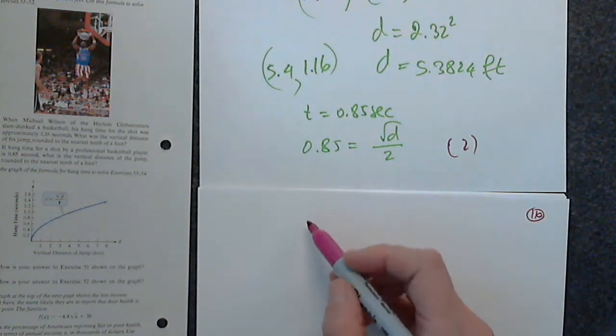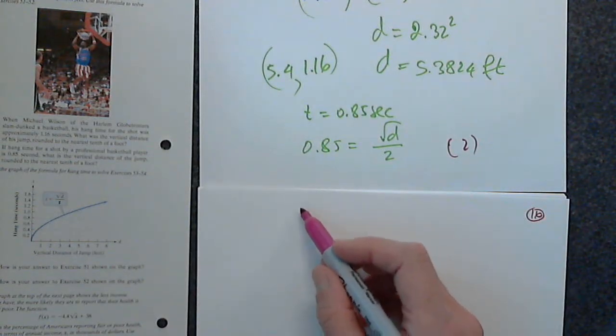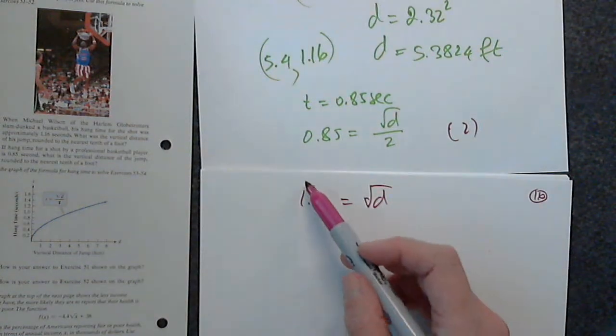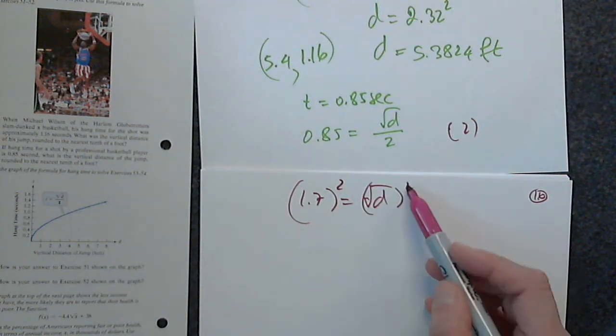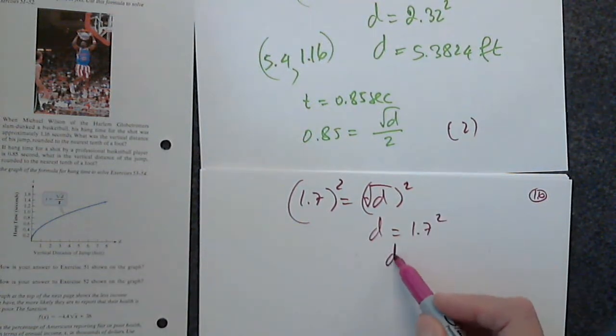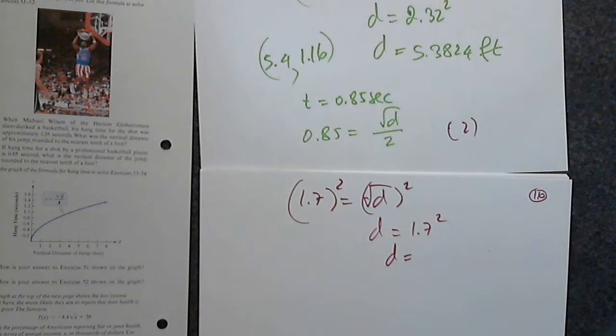So multiply by 2, 1.7 equals the square root of D. Very good. Thank you very much. And now indeed we'll square both sides, and we get D equals 1.7 squared. So the distance is, what did we get with 1.7 squared? I got 2.89.